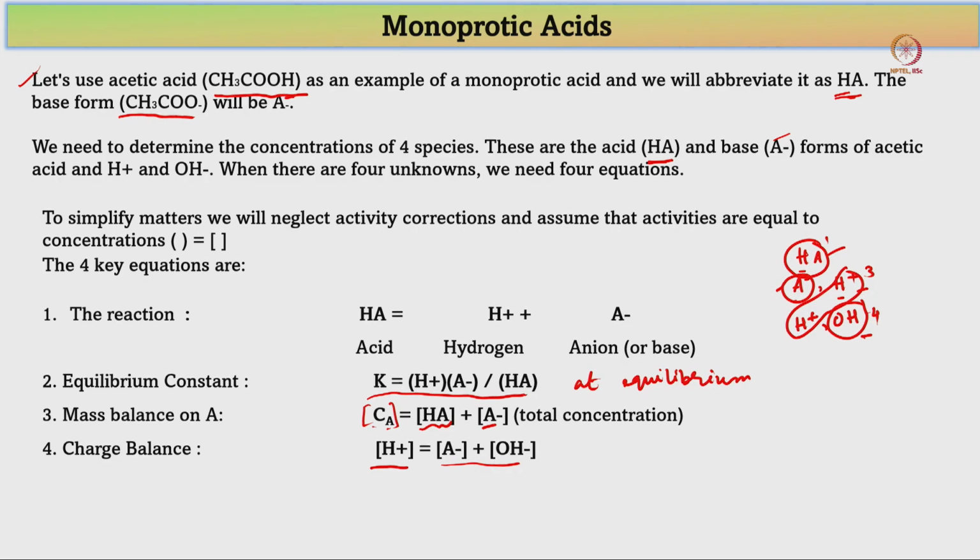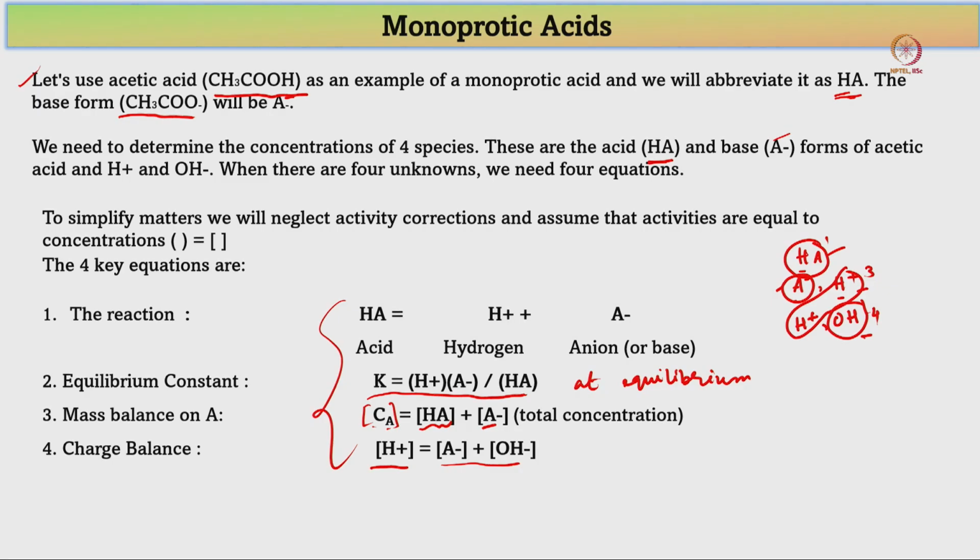No. So, always there is some charge balance going on. Okay. The charges are always balanced in any aqueous system. So, therefore, this charge balance is our final fourth equation, where all the positive ions is equal to all the negative ions.